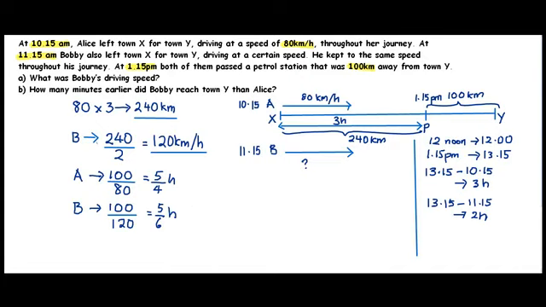To find the difference, we will calculate Alice's time minus Bobby's time. This would be 5 over 4 of an hour minus 5 over 6 of an hour.